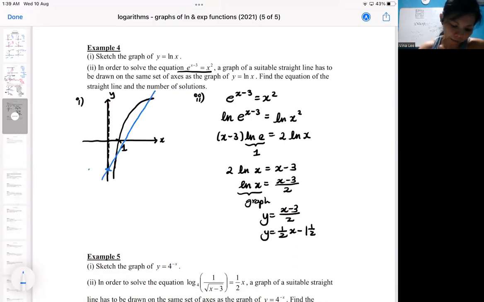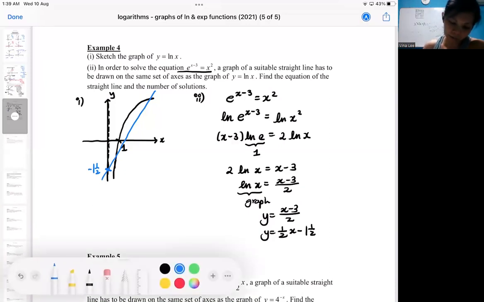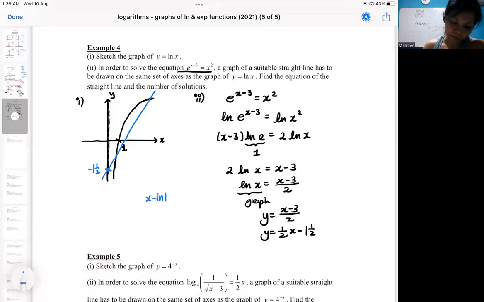It will cut at minus 1.5. And the y-intercept, the x-intercept, you can calculate. Let me do the x-intercept: y equal to 0, half x minus 1.5 equal to 0. So you will get a 3.